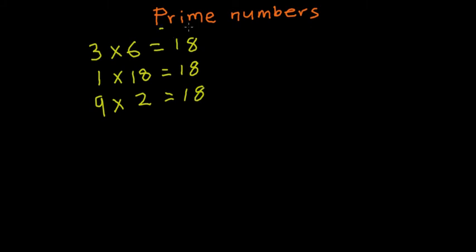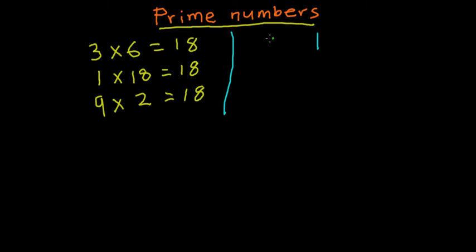But when it comes to prime numbers, it's a different case, whereby natural numbers that are prime have only 2 factors, which are itself and the number 1.